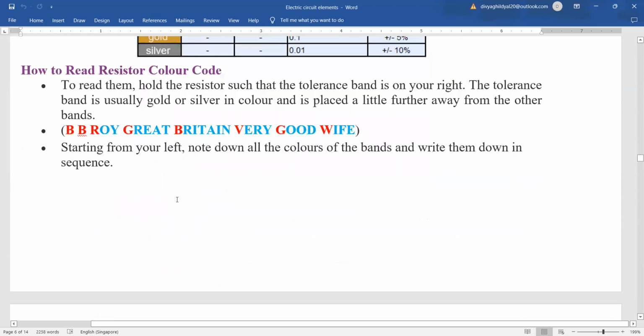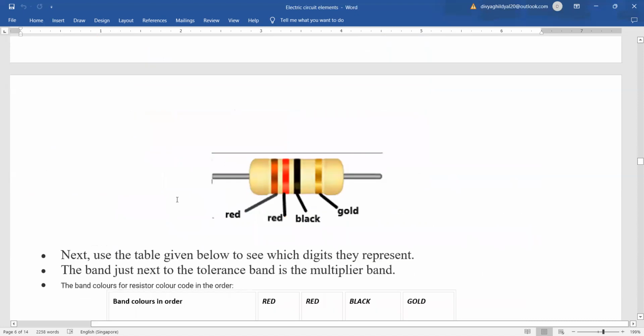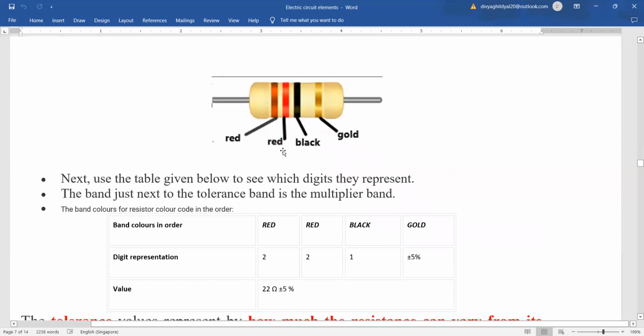Now, suppose I have been given a resistor and I have to find out its numerical value. So what will I do? I will hold the resistor in such a manner that the tolerance band is towards my right hand side, and I will start reading the colors from the left hand side. So the band colors here are in the order of red, black, and gold the tolerance.